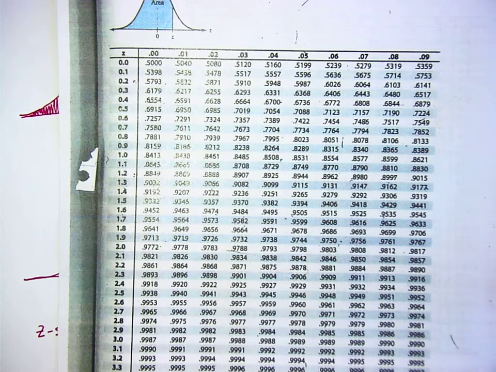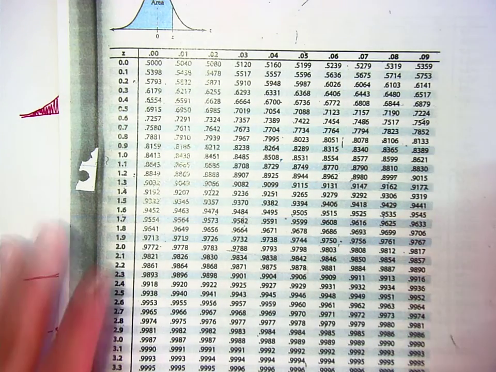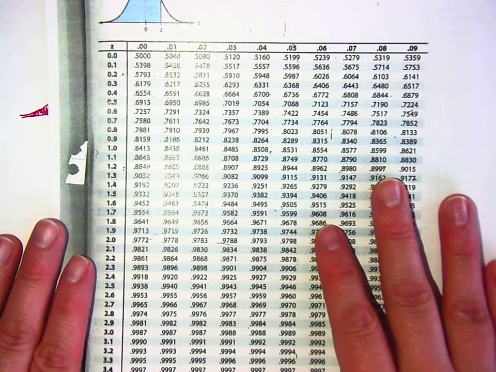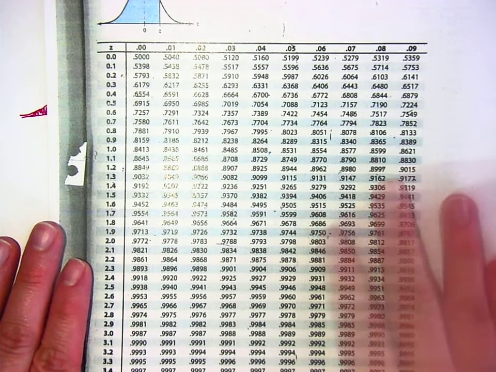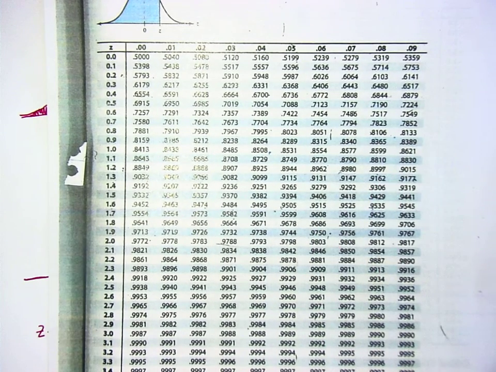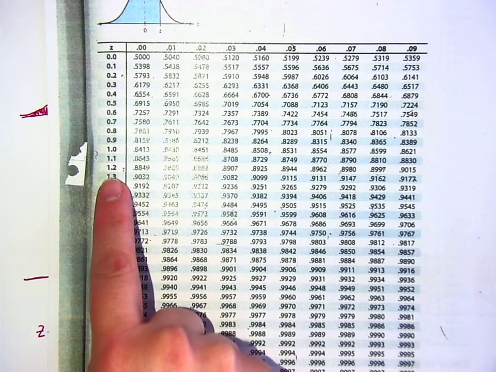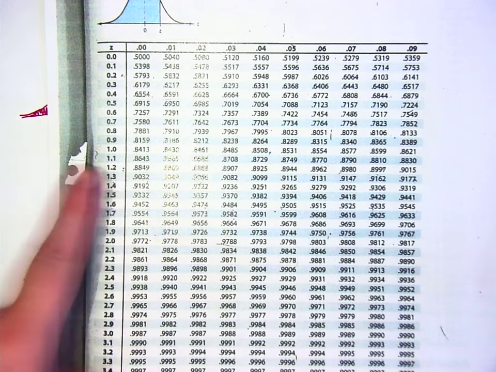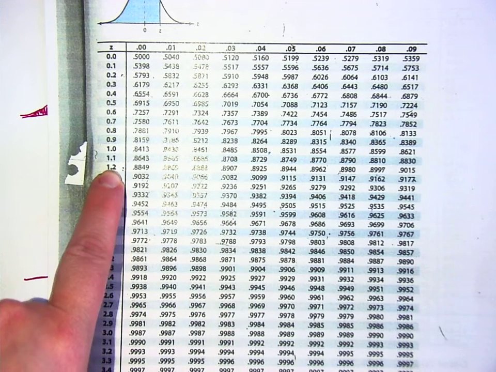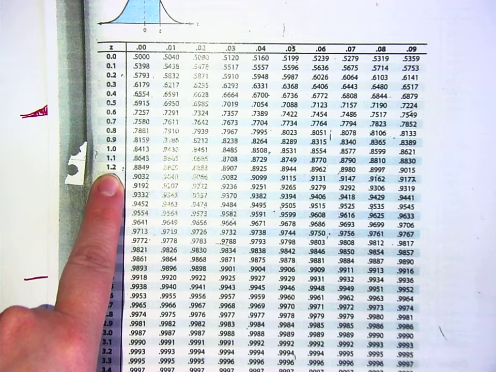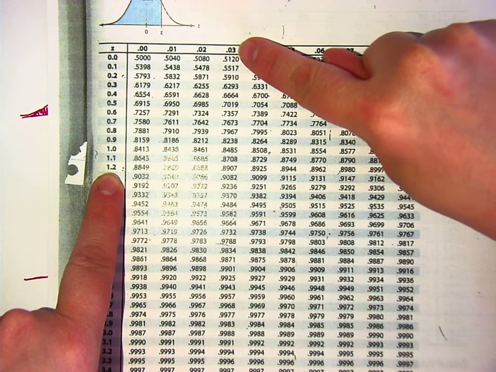Okay. All right, now have your chart out, and I literally want you to follow my exact instructions. Everybody take your left hand and point at 1.2. Then take your right hand and point at 0.03.